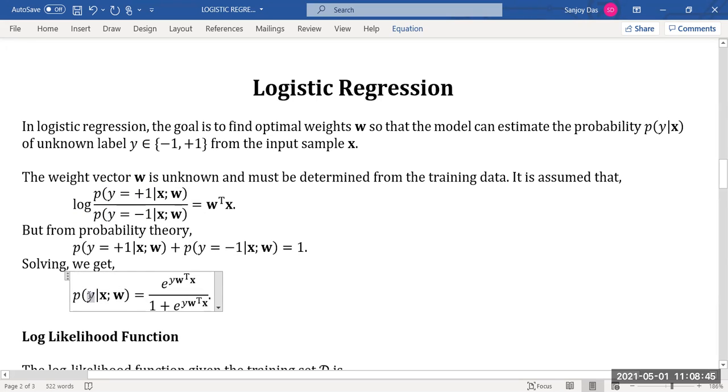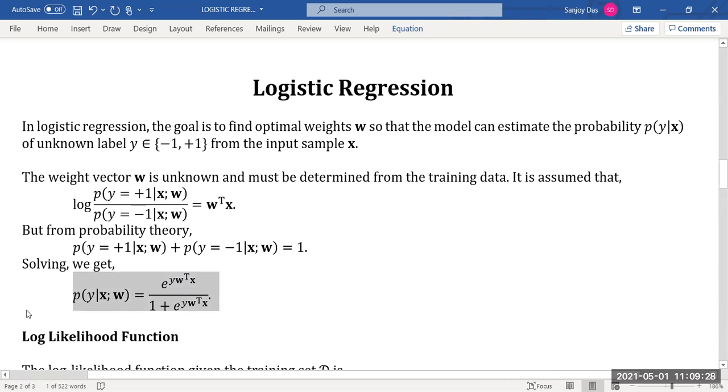Now, this Y can be +1 or -1, so I'm using just Y here. The probability that Y is +1 is e to the W transpose X divided by 1 plus e to the power of W transpose X. And the probability of Y equals -1 will be e to the power of minus W transpose X divided by 1 plus e to the power of minus W transpose X, because now you have to put a negative here as Y is -1.